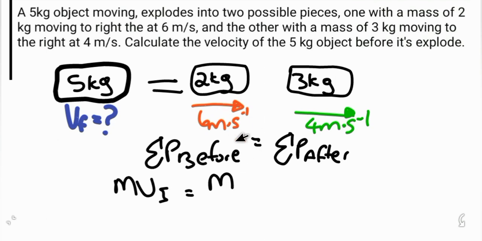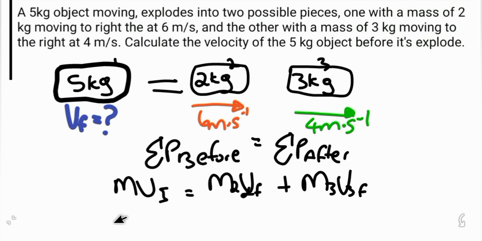Let me say this is object number 1, object number 2, object number 3. Object number 1 is the 5 kg object before it explodes, then times the final velocity of object number 2, plus the mass of object number 3 times its final velocity.